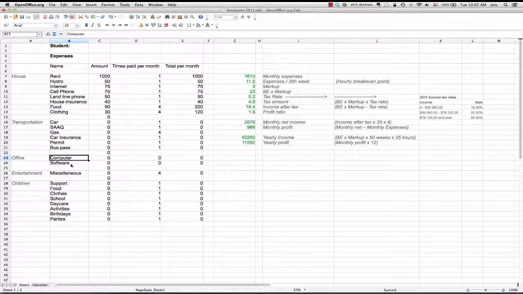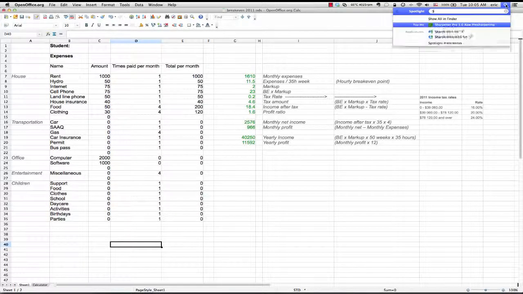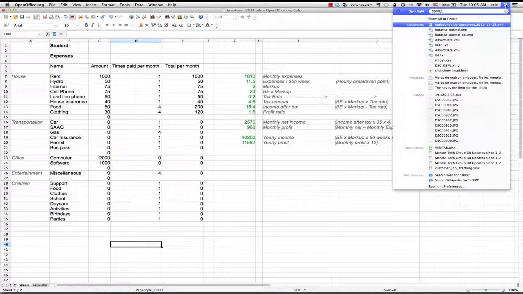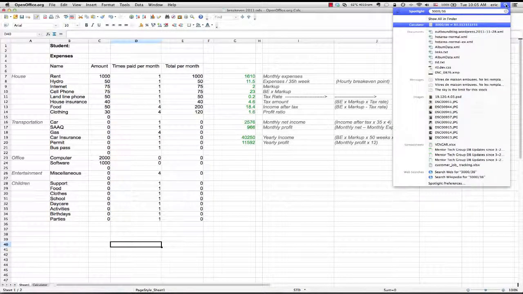You also have to factor in that you are going to be upgrading this thing probably every 2 or 3 years. So if you take, let's say, the cost of a new computer, and let's just make a round number, $2,000 with $1,000 worth of software, $3,000 divided, let's say, by 36 months, and that would be, of course, 3 years, you're going to be spending about $83 a month.